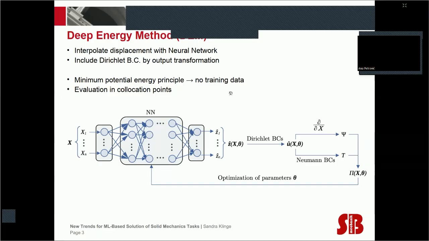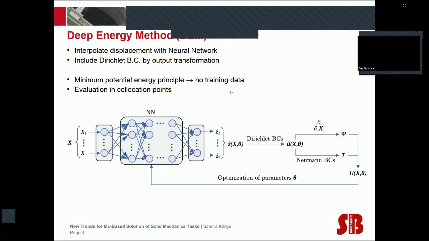Why do I say that these are candidates or suggestions? Because in a kind of post-processing, this displacement has to be adapted to the boundary conditions. And the second special feature of this deep energy method is the loss function.